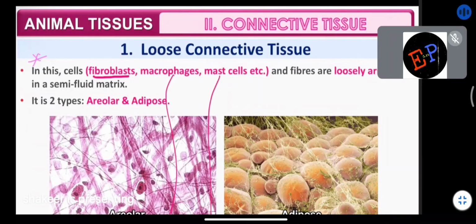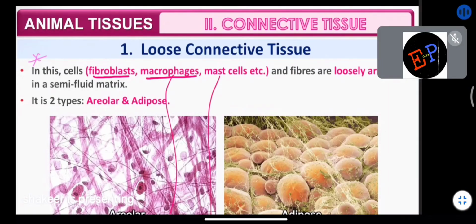Clear? That is the function of fibroblast. Macrophages. What is the purpose of macrophages? These are the cells responsible for development of the immune system.